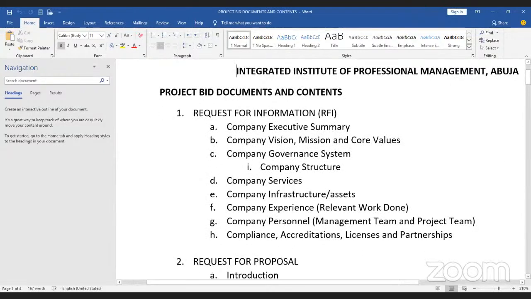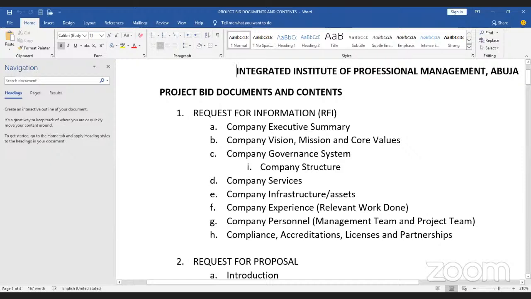Now, for projects, for contracts, or for project bids, there are basically 3 documents after the project charter. You have the request for information, RFI. You have request for proposal, RFP. You have request for quote, RFQ.